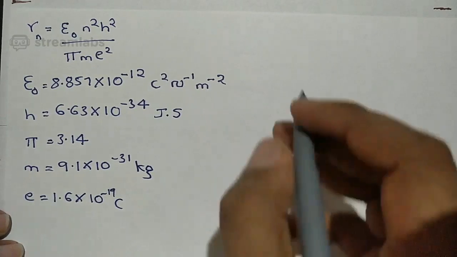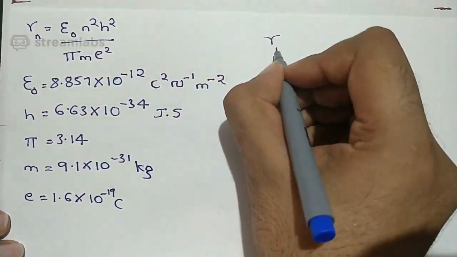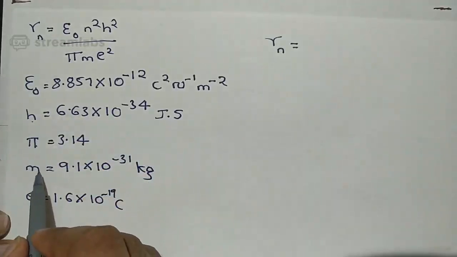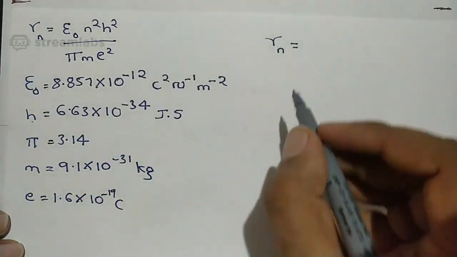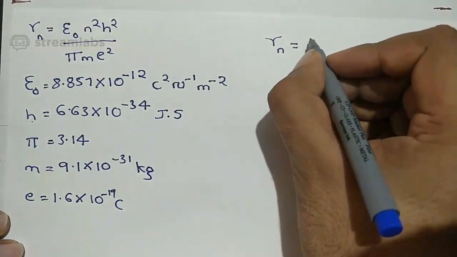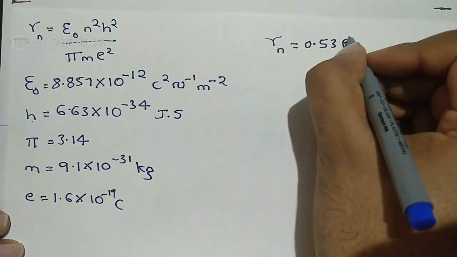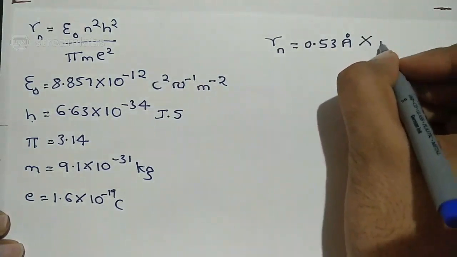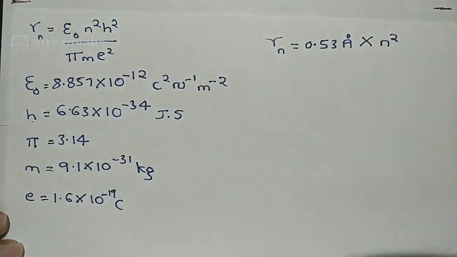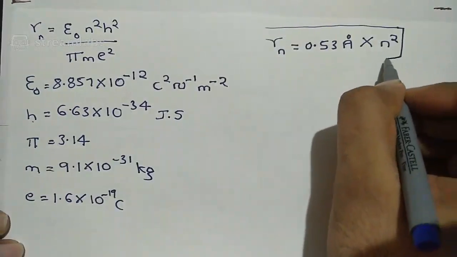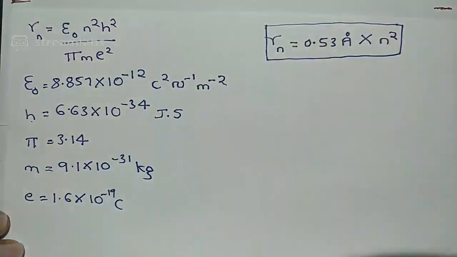So that means you can find the radius of the electron in the nth orbit. Substitute these and you will get the radius of the orbit as 0.53 angstrom into n square.